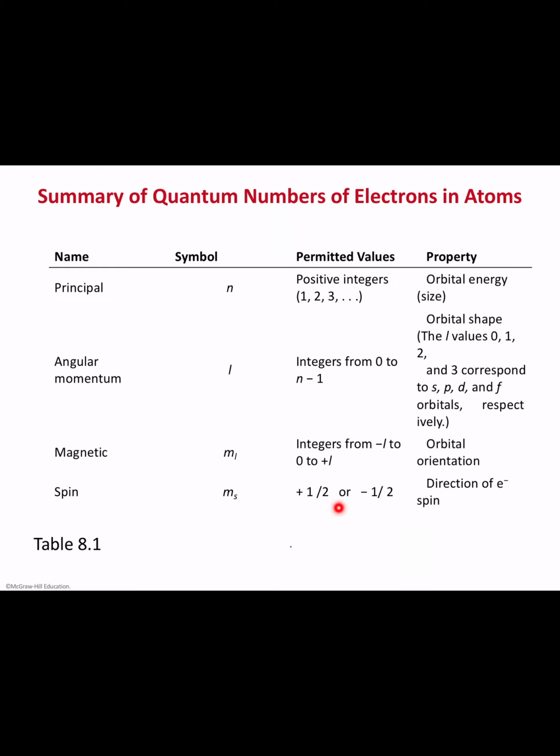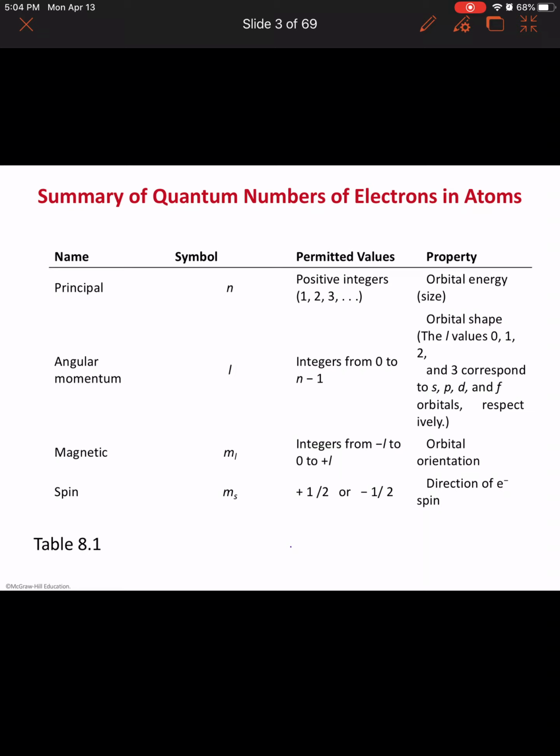Okay, and this tells us about the direction of the electron spin. You know, electrons are negatively charged, so we can consider them as tiny magnets. So in the presence of a magnetic field, the electron can align either along with the magnetic field, or it can align opposite of the magnetic field. In other words, it could be clockwise or counterclockwise.